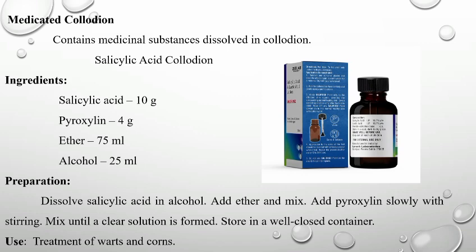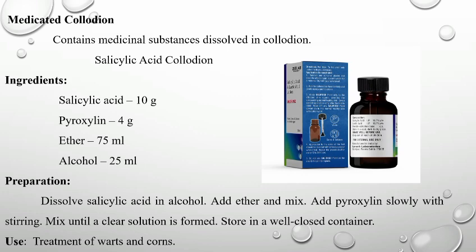Next is medicated collodions. Medicated collodions are similar to the preparation of simple collodions, but they contain some medicinal substances. For example, salicylic acid collodion. The ingredients used in the preparation of salicylic acid collodion are salicylic acid, pyroxylin, ether, and alcohol. Here in this preparation, we have to add salicylic acid in alcohol and completely dissolve it.